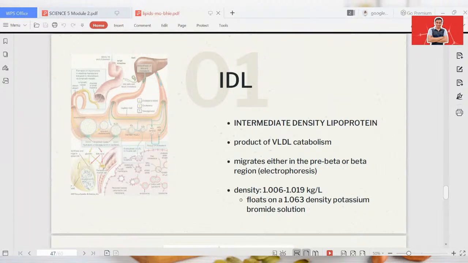Tapos, 'di ba, ang lipoproteins are divided according to their density and electrophoretic mobility. Ang sa IDL, ang kanyang electrophoretic mobility ay sa pre-beta or beta region. Tapos ang density niya is 1.006 to 1.019 kilogram per liter. So since lesser ang density niya sa potassium bromide solution, mag-float talaga siya.